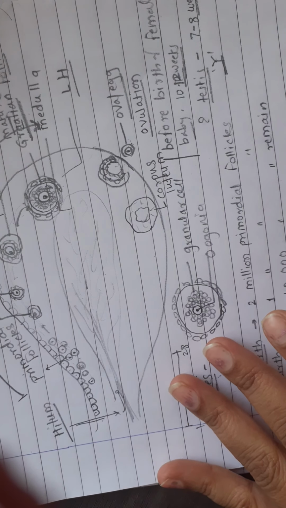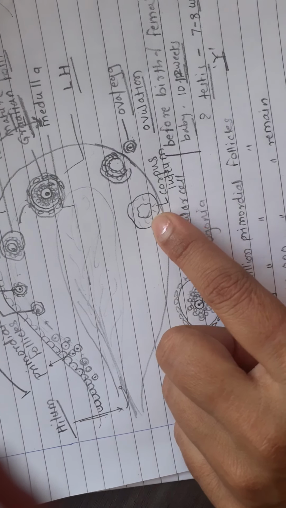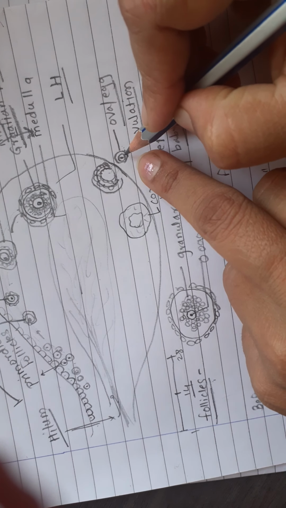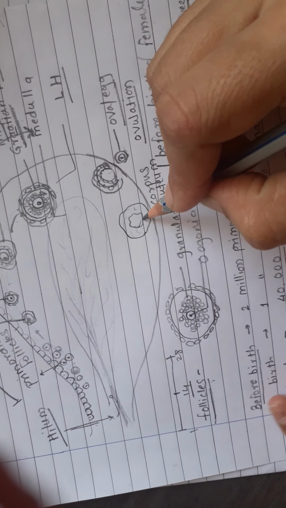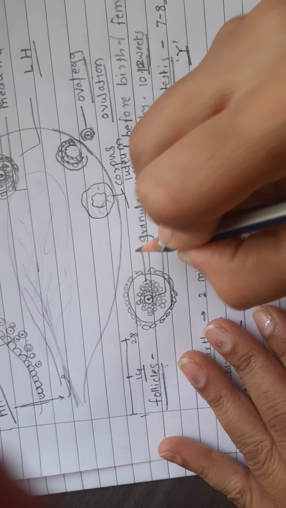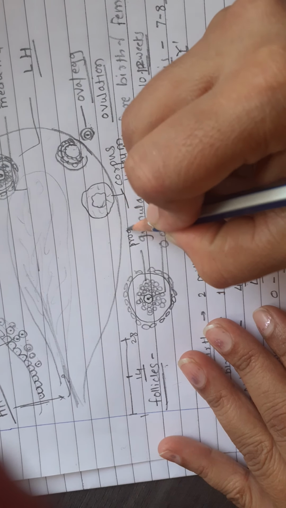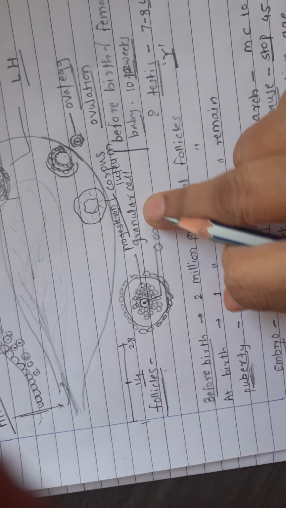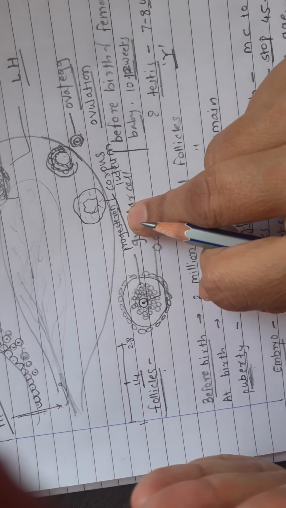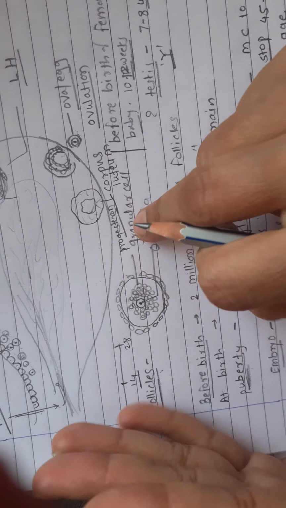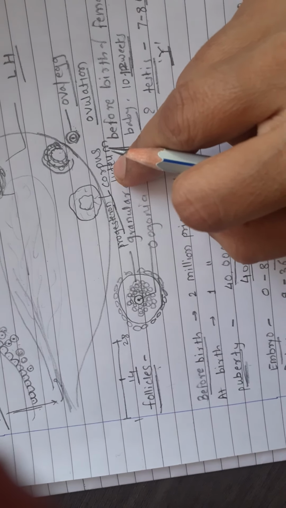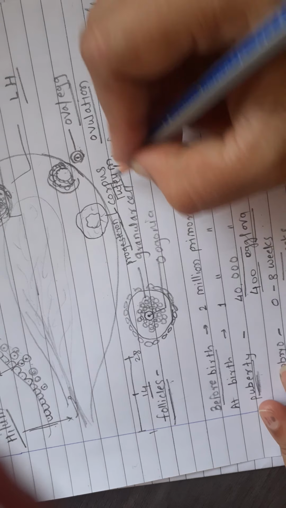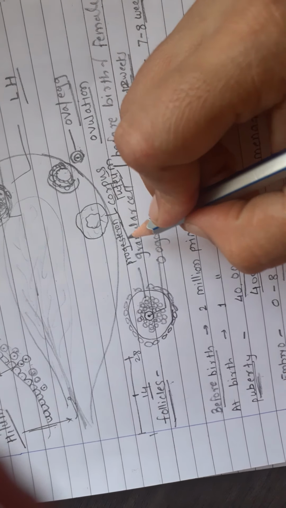If fertilization takes place, the sperm is fertilized with the egg or ova, then this corpus luteum secretes the hormone progesterone. In the first 3 months, the first trimester, corpus luteum maintains the pregnancy by secretion of progesterone.